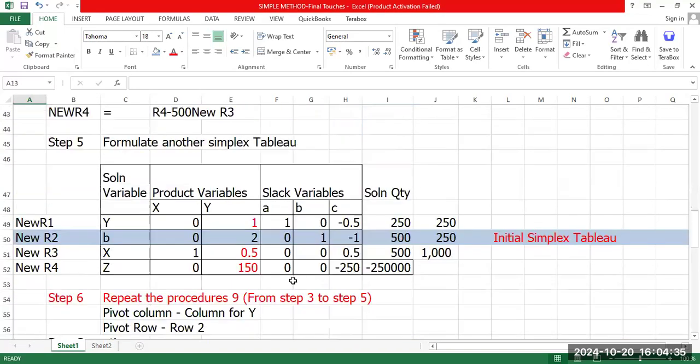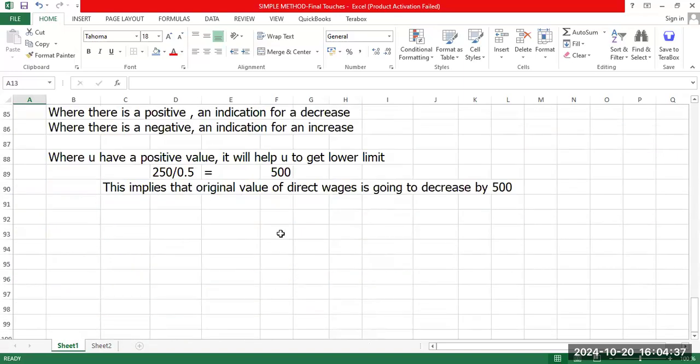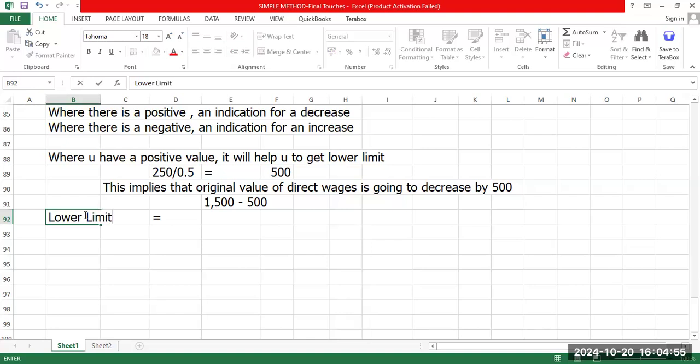So get that 1,500 and subtract 500. What do you get? What you will get will be your lower limit, which is 1,000. Now we have our lower limit.